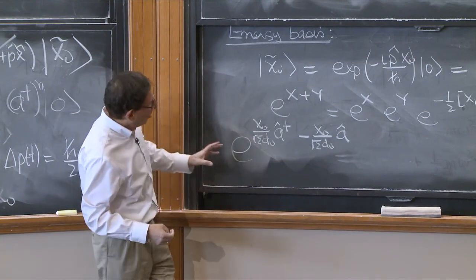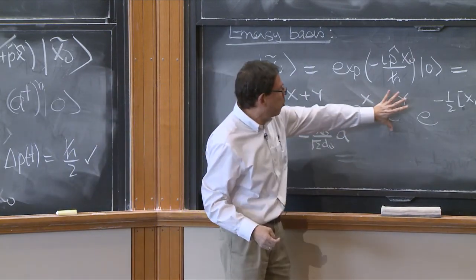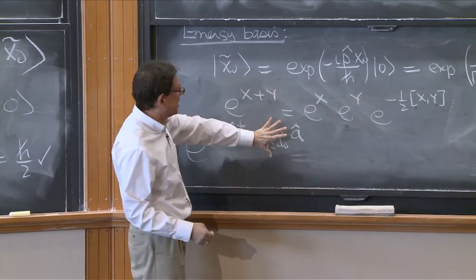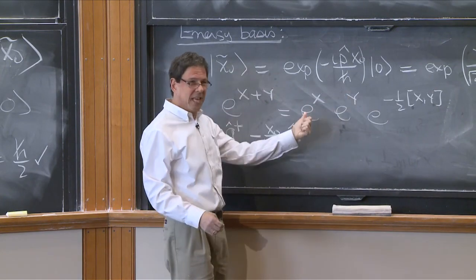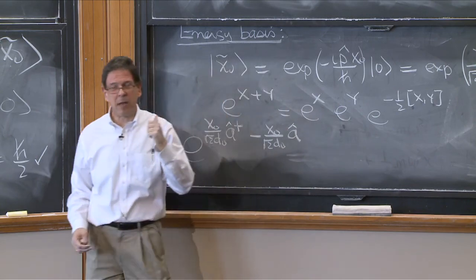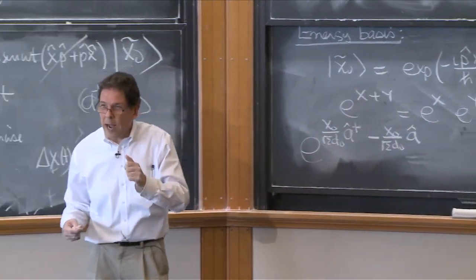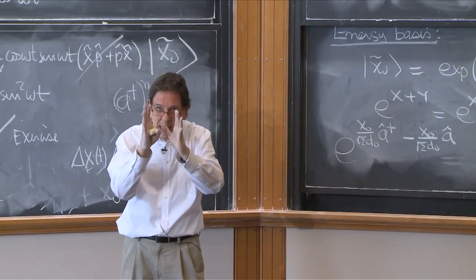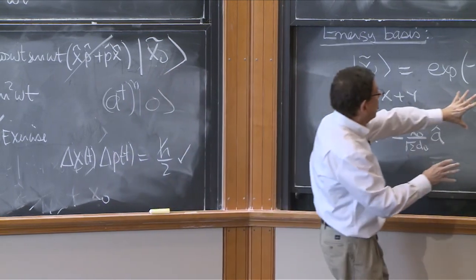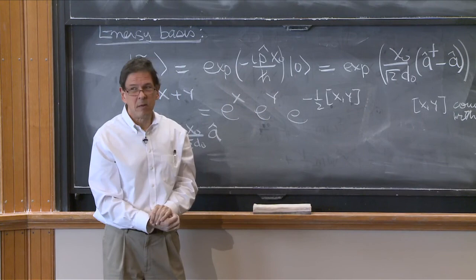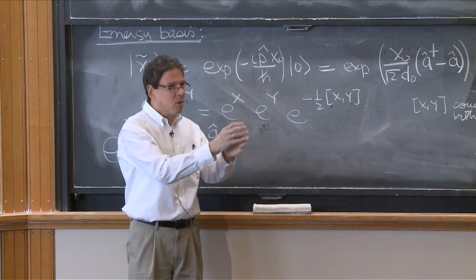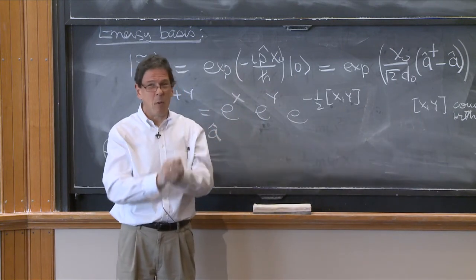Why? Because I want the y factor that has the annihilators to be to the right of the x factor that has the creation. Why? Because if I have annihilators closer to the vacuum, that's good. Annihilators closer to the vacuum is what you really want.